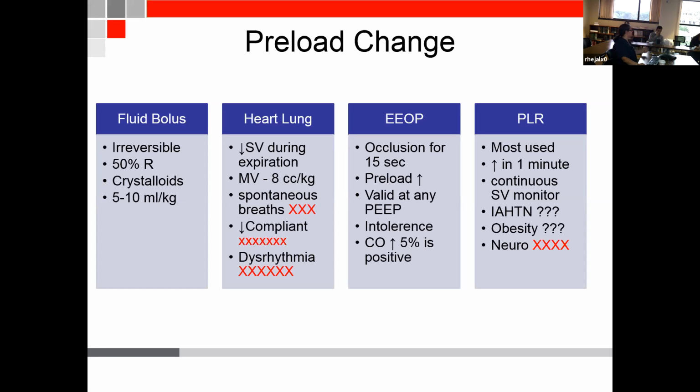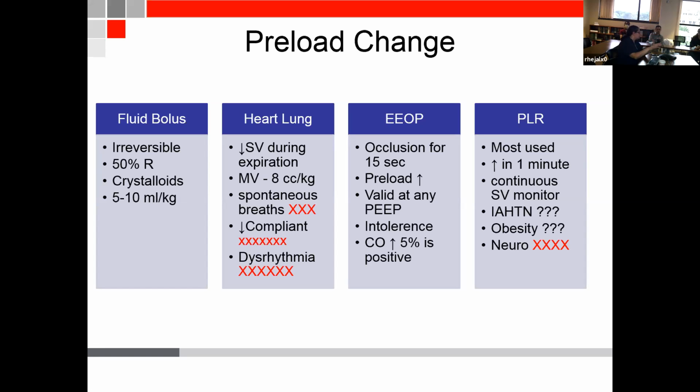I'll look it up for you, but anything above 10% you can try. It's a reasonable number. If you undershoot, this is a problem. Now, with passive leg raising, you cannot overshoot because it's somebody's own blood.